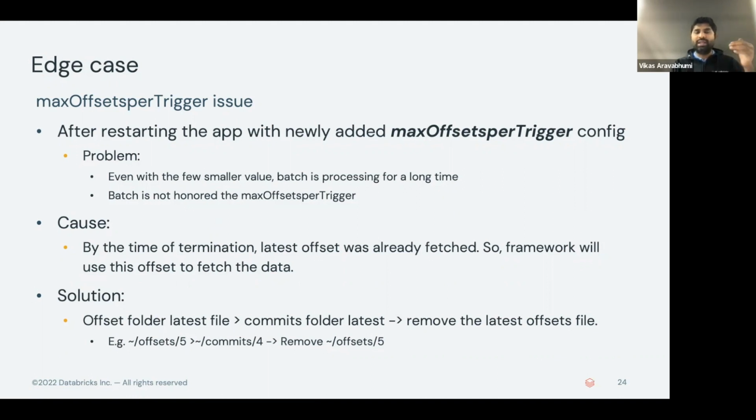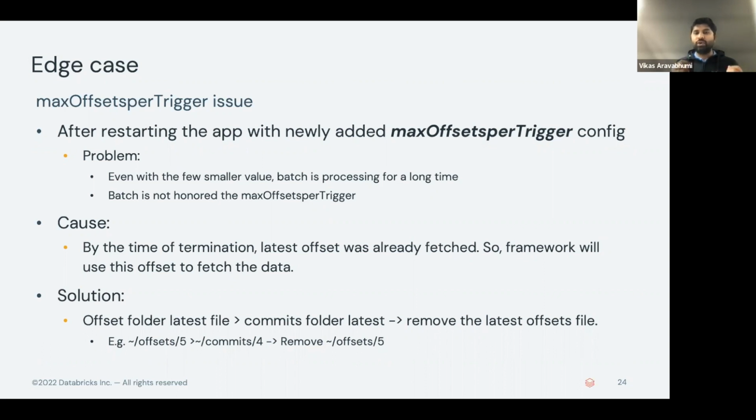So when you stop the previous job while running the application, let's say my offset folder is already loaded.